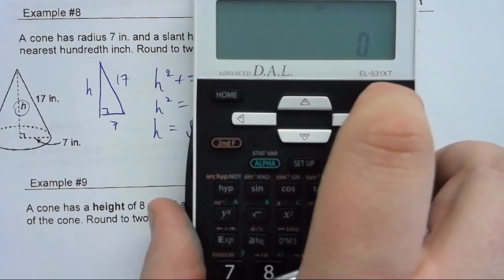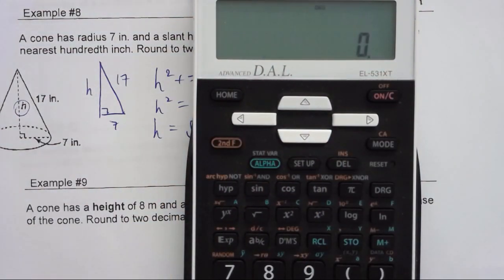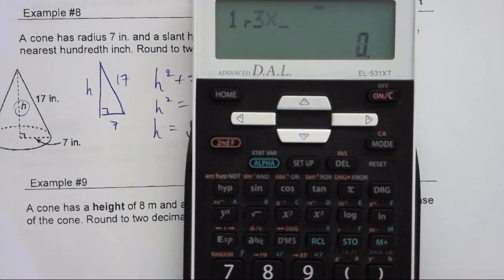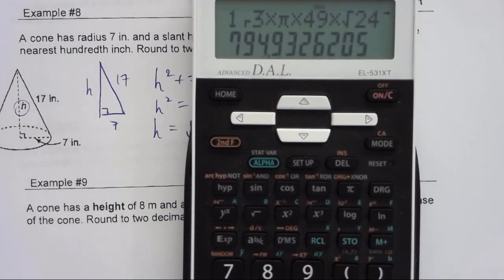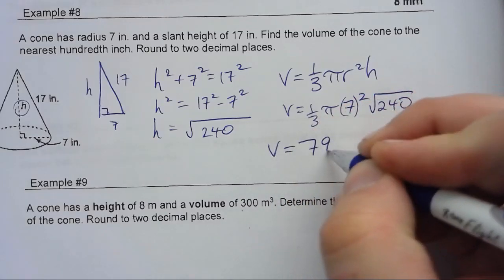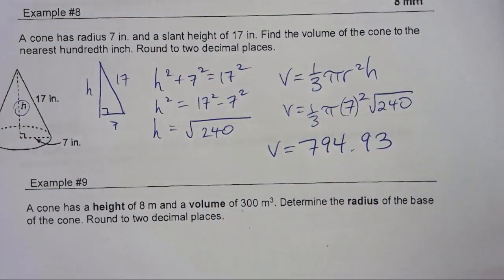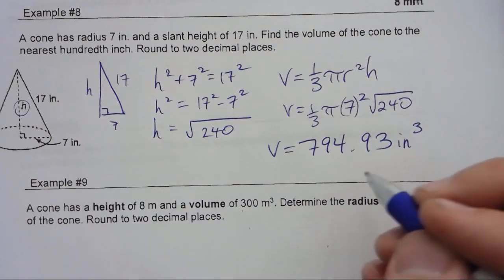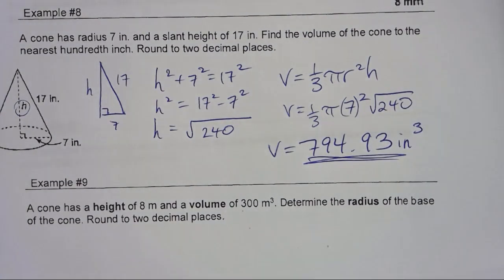So 1/3 times pi times 7 squared, 49, times the square root of 240. And there it is: 794 points, and I want 2 decimal places, so 794.93 cubic inches. There we go.